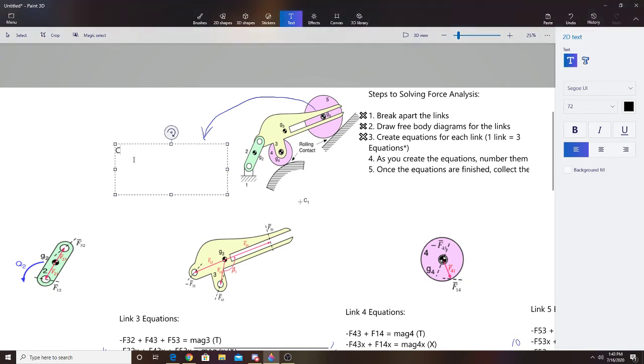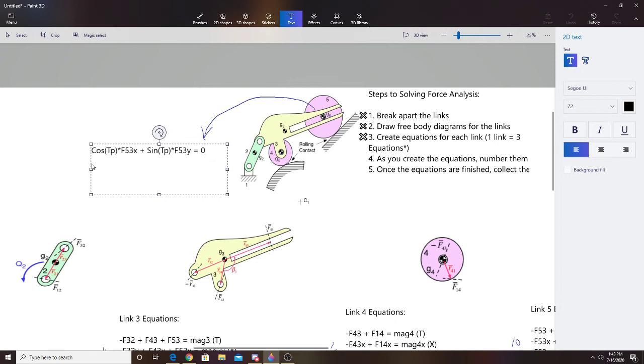It is cosine of, I wish I had theta here, so theta 3. So T3 is theta 3, just so you guys know. Oh, no, theta P. So theta P times F53x plus sine of the exact same thing times F53y equal to 0.